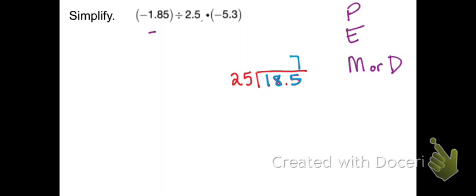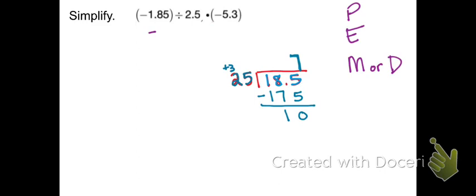Or if we multiply it, 7 times the 5 gives us 35. So the 5 goes here, and then we carry the 3. 7 times the 2 is 14, plus 3 is 17. Then we subtract to see what's left. 185 minus 175 is 10.